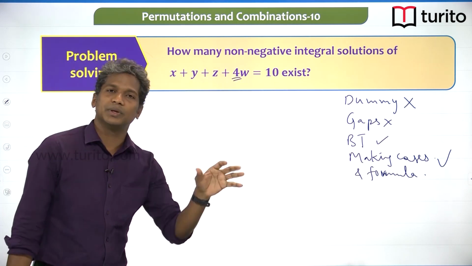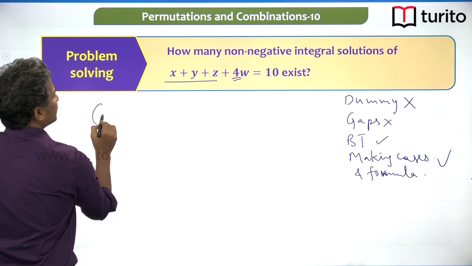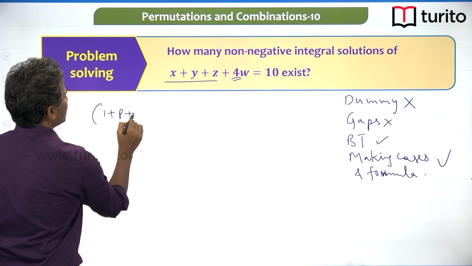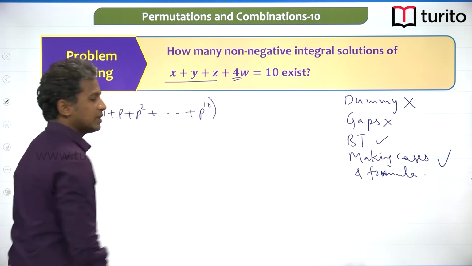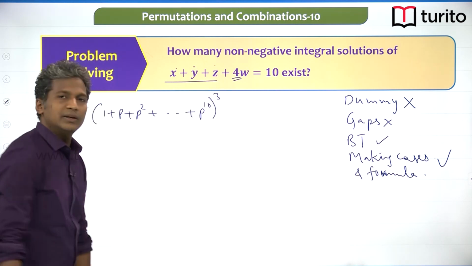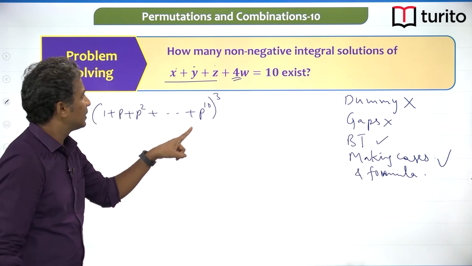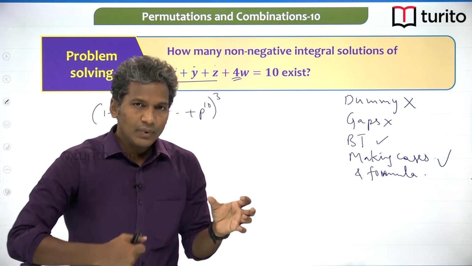Let's say I go for binomial method first. So for these three, I will be writing a function like this, 1 plus p square till p raised to 10, because maximum value can be 10 only, and there are three such similar variables, so raised to 3. But this fourth variable has a limitation.